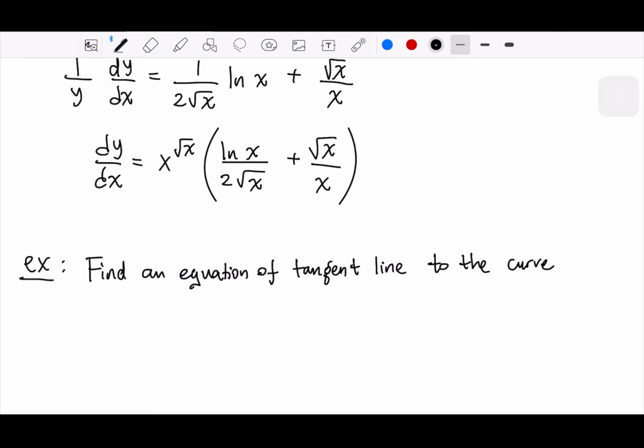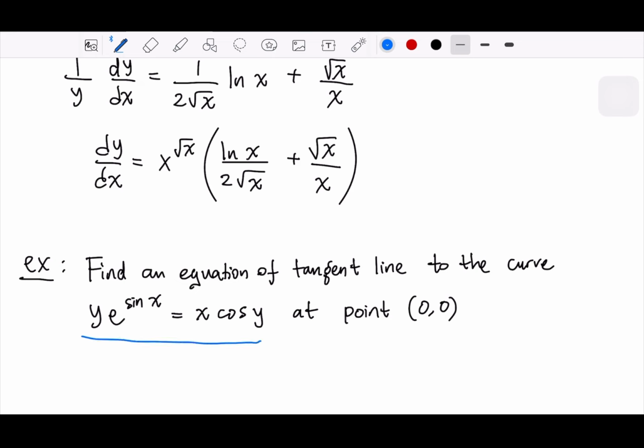Maybe give you a little bit complicated, okay? y e^(sin x) = x cos y at point (0, 0). So this will be the curve, this is the point. Okay, take your time, and I think if we cannot finish this, we can look at next week.